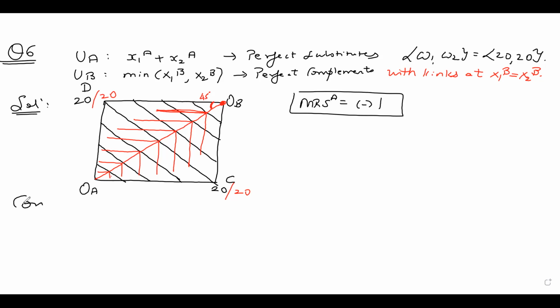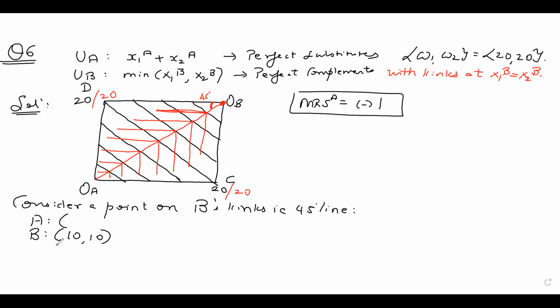So consider a point on B's kinks, that is the 45-degree line. If I take any random point, guys, suppose I take 10, 10. How much will A have? A will also have 10, 10.